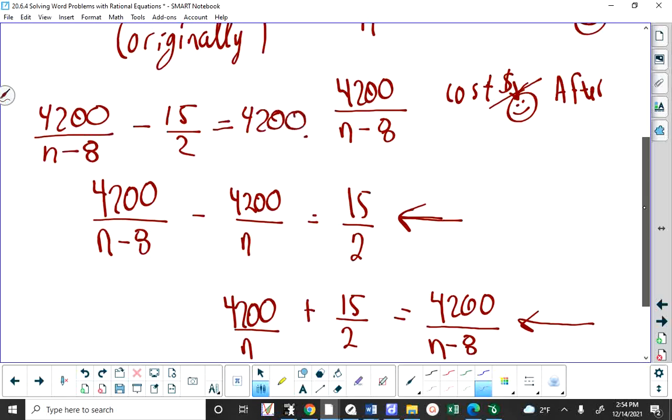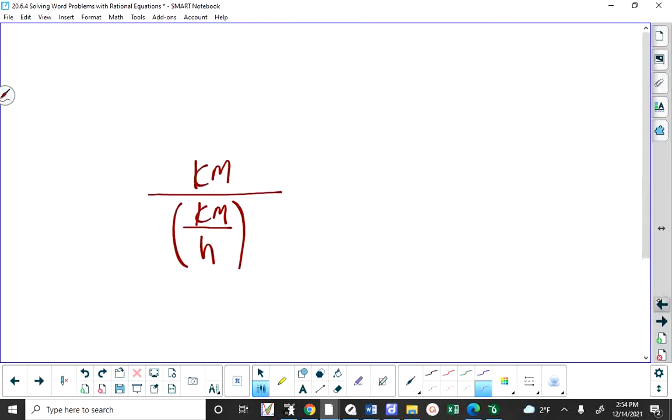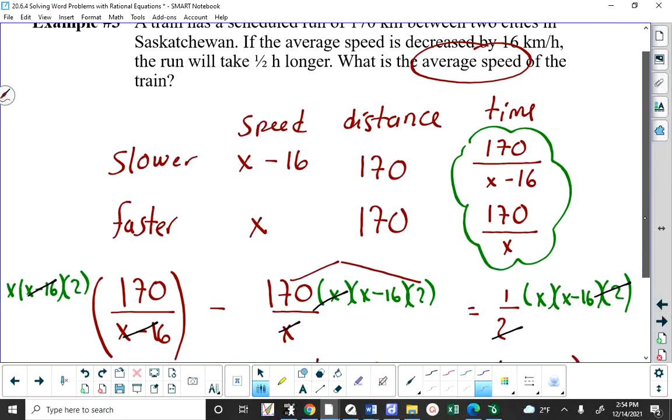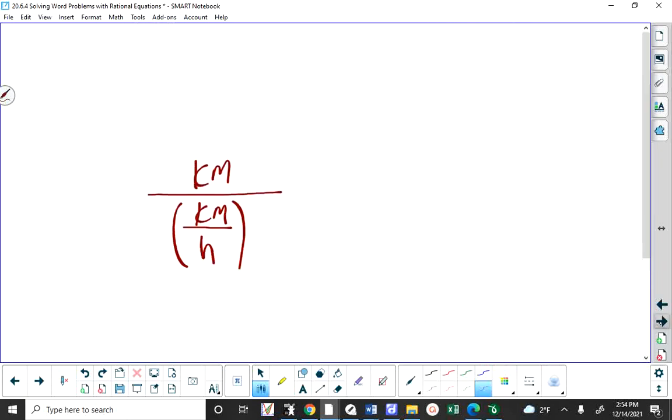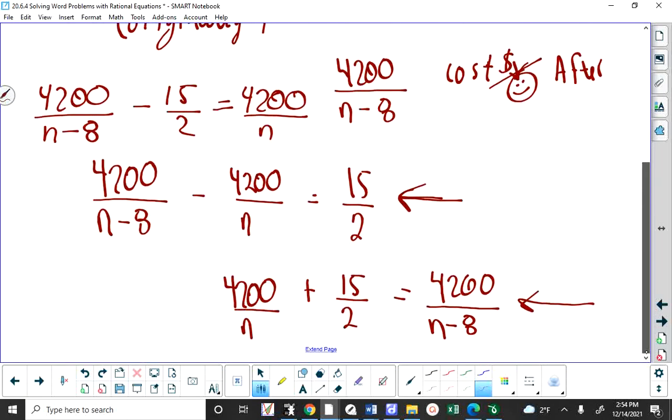My brain doesn't work backwards in time, but that would make sense as well. When you look at the train question, you could have said, since this is a half hour more, if I take this time and add a half hour, I'll get that. Definitely. So that is the equation you're going to solve.